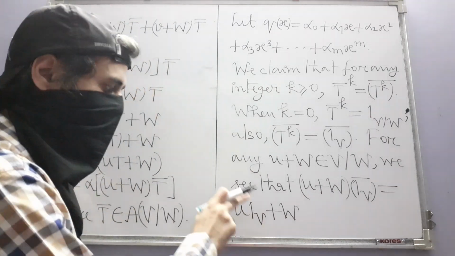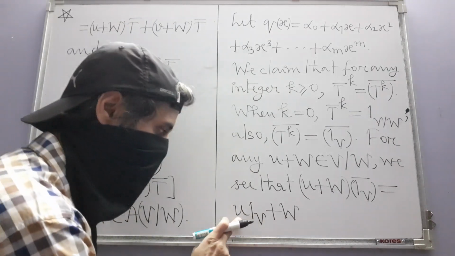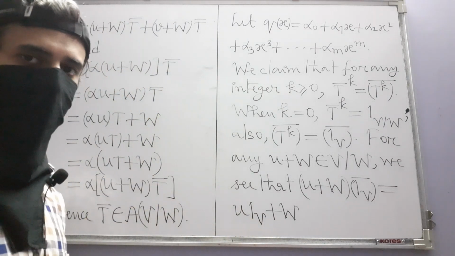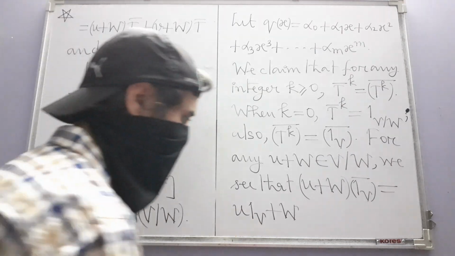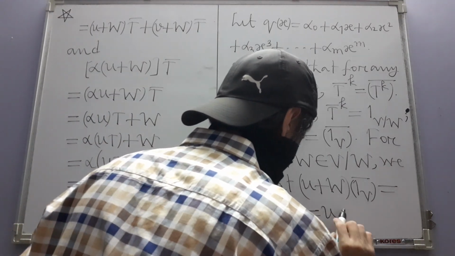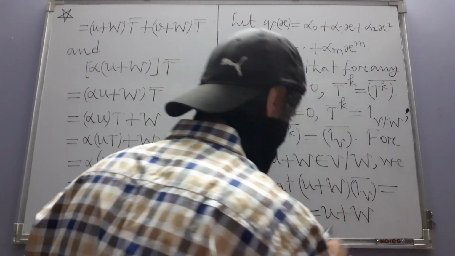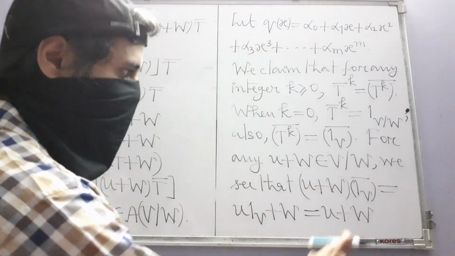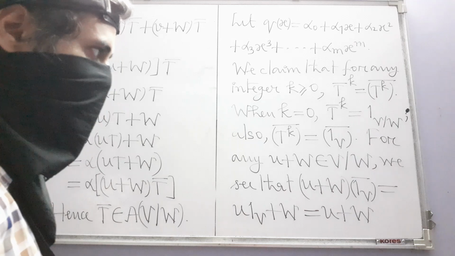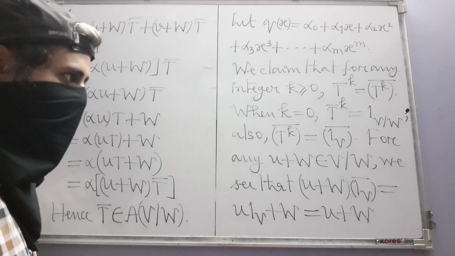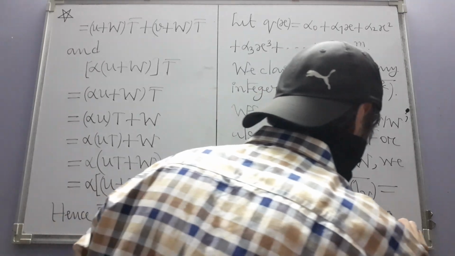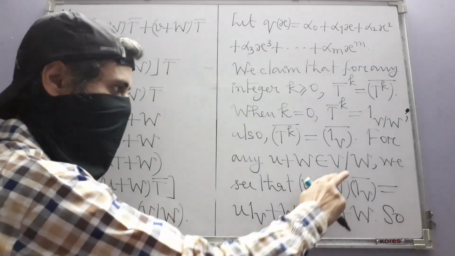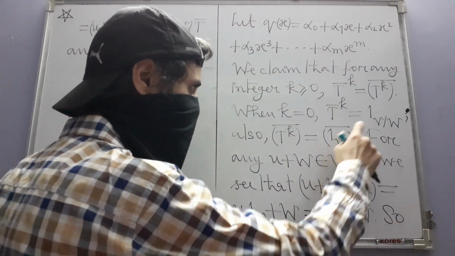But 1_V is the identity operator on V, and this u is a vector in V. So applying this on u gives you again u back. So you get u plus w. And this clearly shows that this thing is actually nothing but the identity operator on this space. So it is actually equal to this itself.